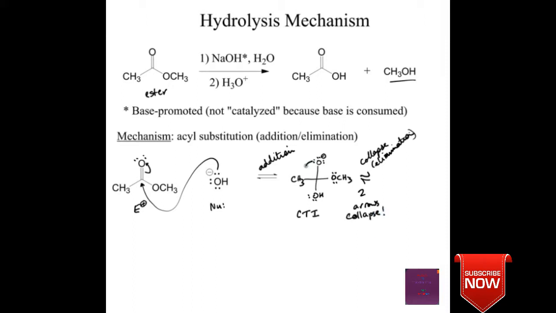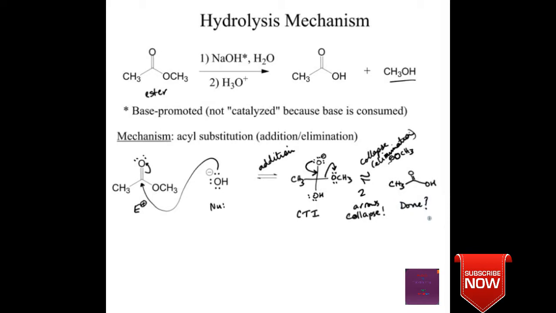It's where the O- reforms the carbonyl and kicks that leaving group out. And our product is going to be our carboxylic acid. Now we just kicked off OCH3 minus. We just lost that group. And we have our carboxylic acid product. Addition, elimination.